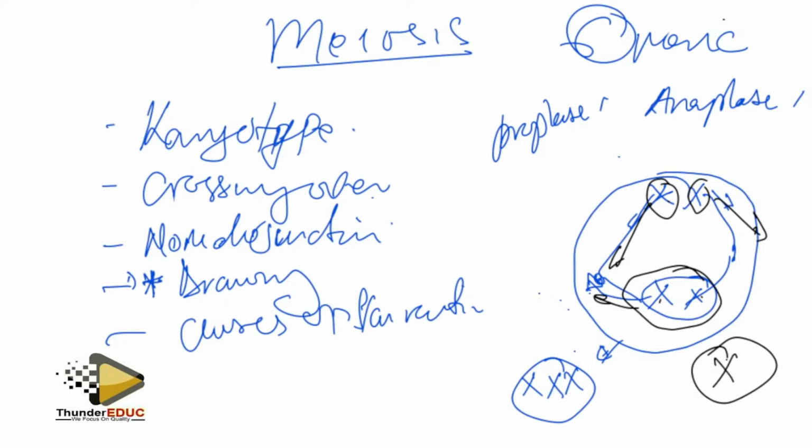Now this one is 3 instead of 2, and this one is 1 instead of 2. Because it has 1, it's called monosomy. Because this one has 3 instead of 2, it's called trisomy. How does this lead to Down syndrome?